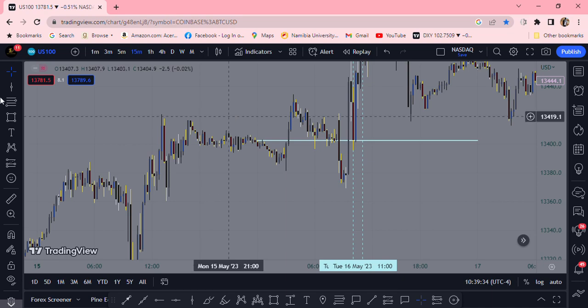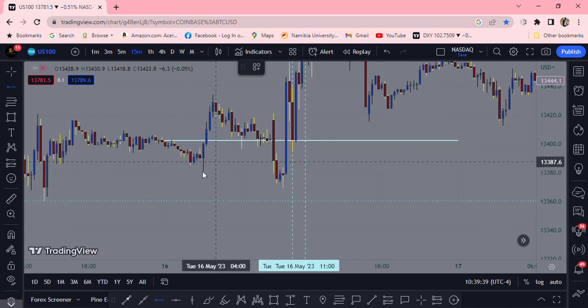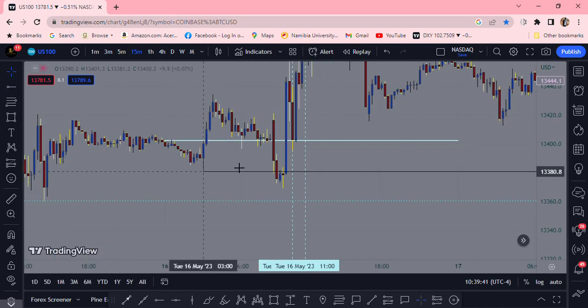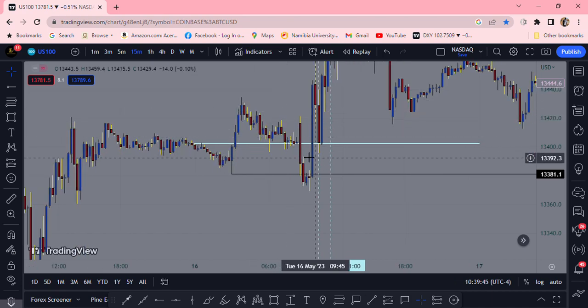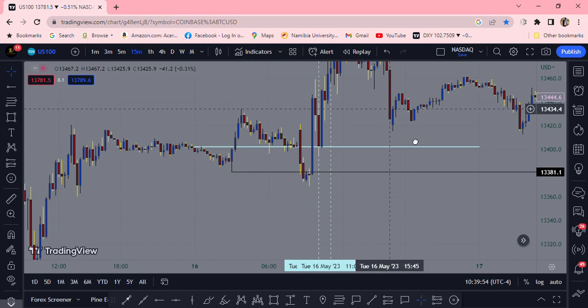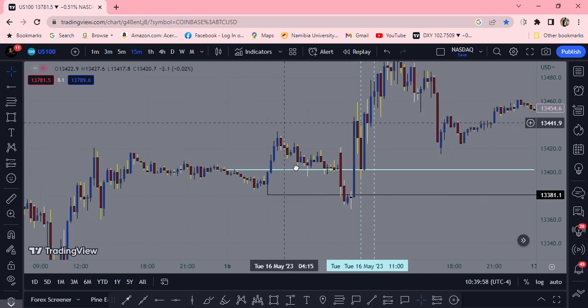So guys, as you can see here, this is what I was waiting for. 9:50 is where you come in and try to mark, try to find where the setup is likely to go.